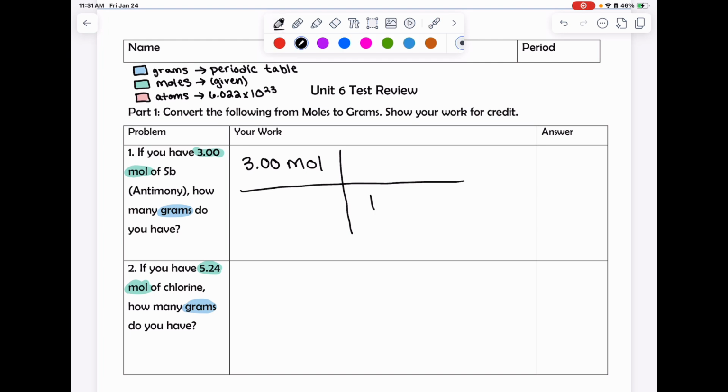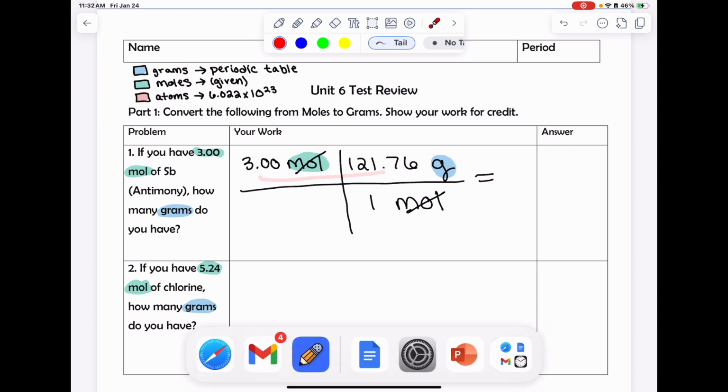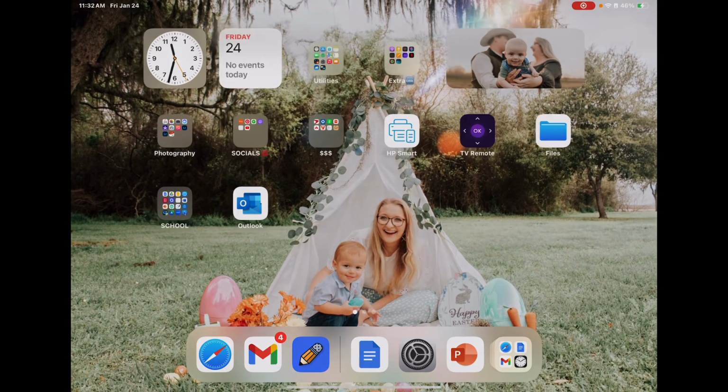So for every 1 mole, we get 121.76 grams. Remember, grams came from the periodic table. This is what we were given. Now, because I have moles on top and mole on the bottom, that'll end up canceling. So now we can just multiply straight across. 3 times 121, let's see what we get. Let me pull up my calculator.